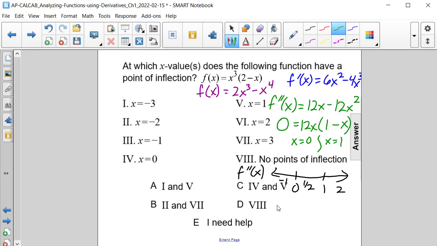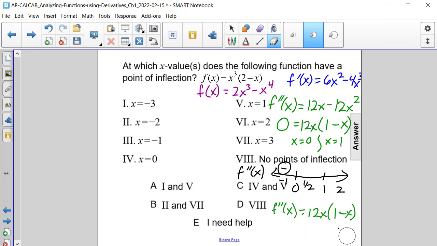And when we're doing this, let's substitute it into the factored form of f double prime of x, which is 12x times 1 minus x. Okay, so when we substitute -1 in, we'll get -12 on the outside, and then 1 minus -1 will give me 2, which will be positive. So a negative times a positive is a negative.